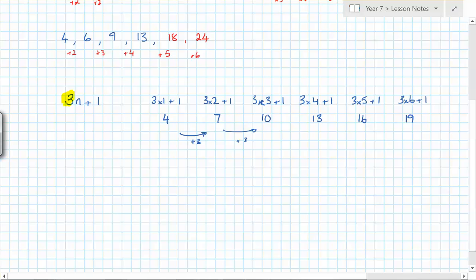Because the 3 here, the 3 times, it makes sense. If it's always 3 times, like 3 times 1, 3 times 2, that is the same as adding 3 every time, isn't it? It's the 3 times table. Then you always add 1 afterwards, but that's not going to change because they all add 1. So we know that from 3n, this term is always going to be plus 3. And that's something we're going to be using.